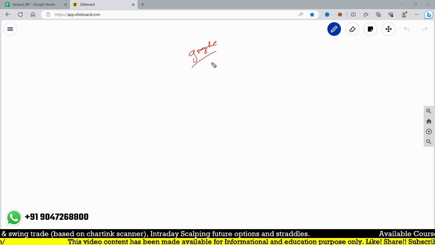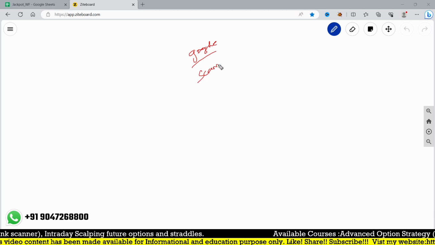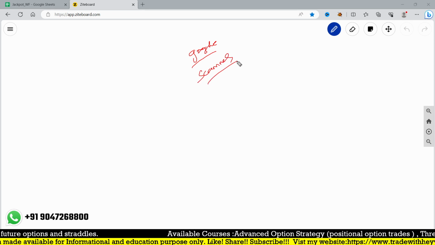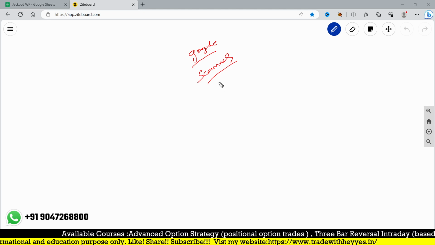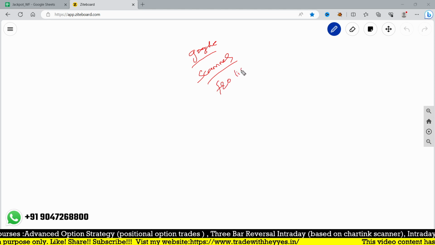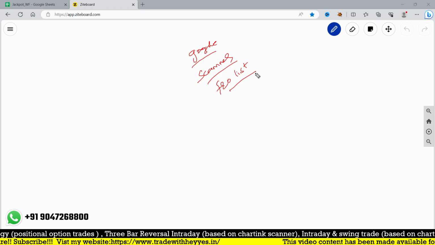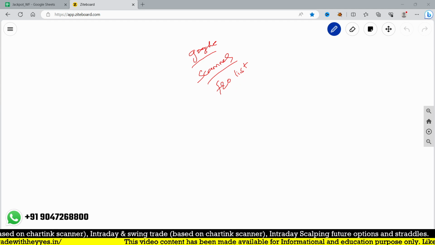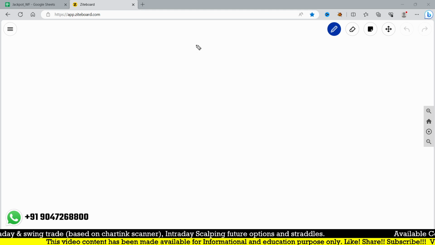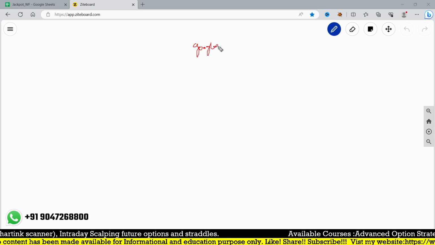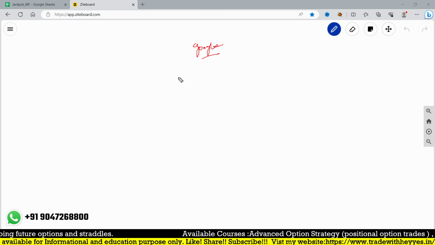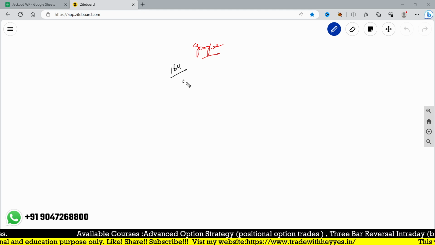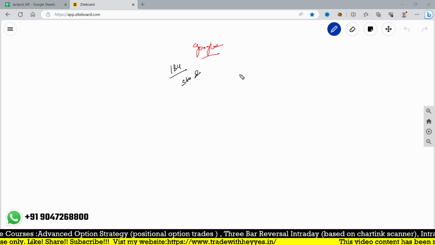So first of all, we are using a Google Sheet. It acts as a scanner, a scanner for stock options. So the F&O list: how many stocks are available in F&O? All the stocks available in futures and options will be scanned. Currently, we have almost 184 F&O stocks, and those 184 stocks are listed on the sheet.